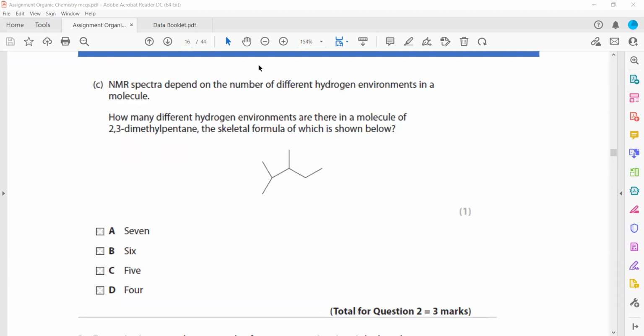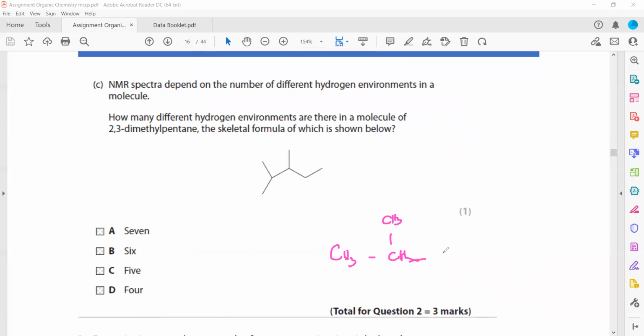NMR spectrum depends on number of hydrogen environments. How many different hydrogen environments are there in a molecule of 2,3-dimethyl pentane? The skeletal formula is shown. So if a skeletal formula is shown, you can draw it, because it's easy to identify from the structural formula or the displayed formula. This will have hydrogen, or CH I can say. Then next, because 4 bonds are there, there will be no hydrogen.